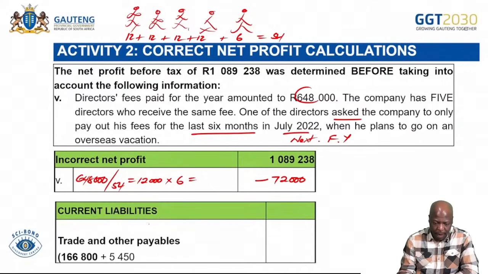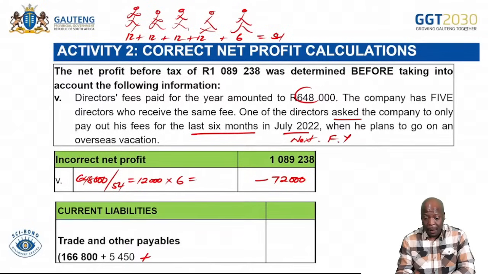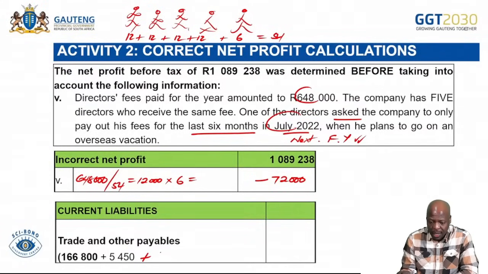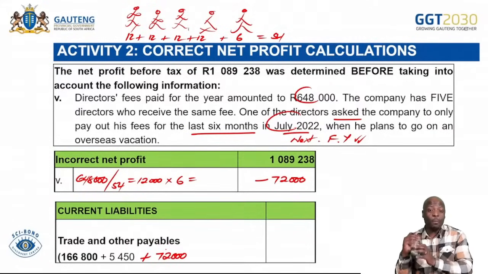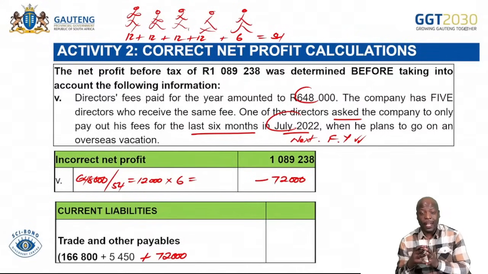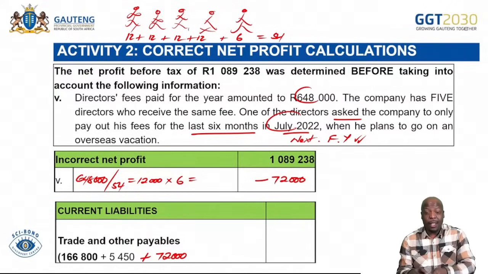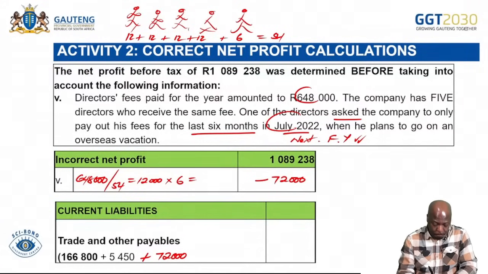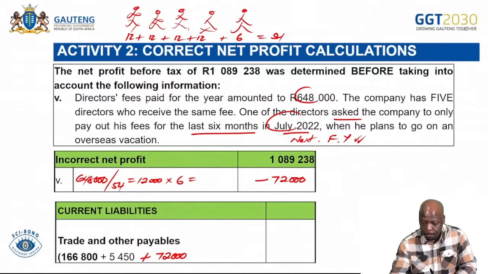And then I come to my trade and other payables. I now know I have an accrued expense, because when am I going to pay it? July, which is the next financial year. So I'm going to come here and say plus how much? 72,000. That is the director's fees which will pay in the next financial year. Trade and other payables. Accrued expense. Can I go on? Let's go.